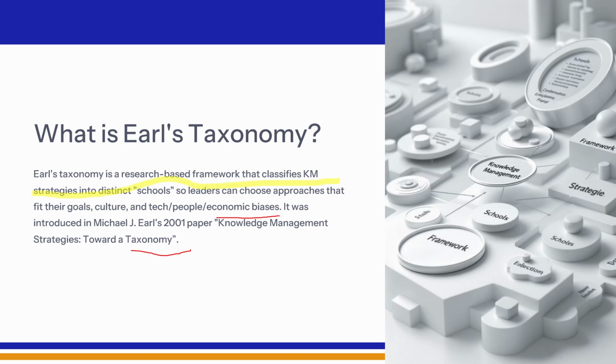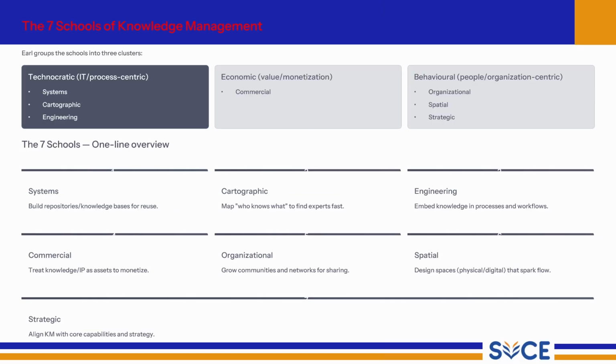Leaders can pick the school that best fits their context. This framework was introduced by Mitchell J. Earl in 2001 and remains a foundation in knowledge management studies. In the next slides, we are going to see the 7 schools of knowledge management.